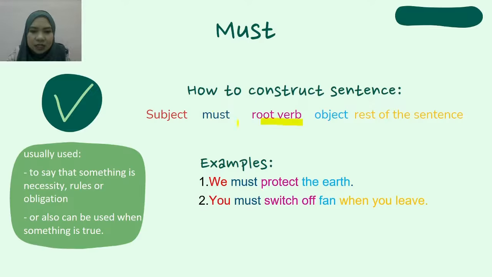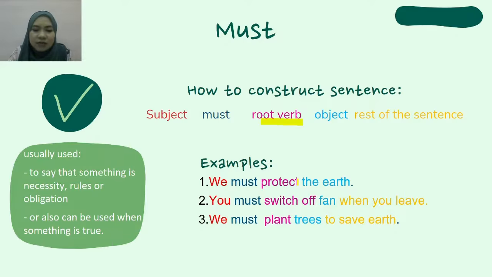Second example, you must switch off fan when you leave. You, subject, must, switch off, root verb, object, fan when you leave. Okay, when you leave is rest of the sentence or the details. Okay, the third sentence, subject, we must plant trees to save earth.